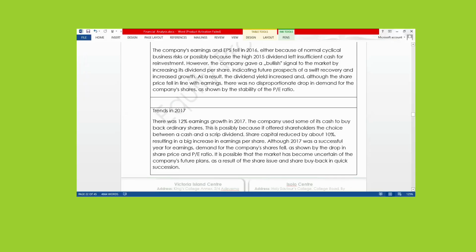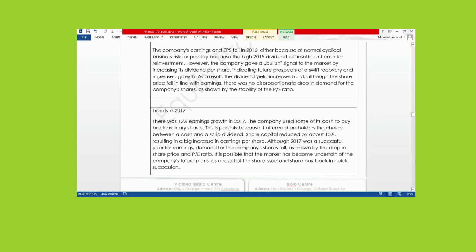Let me explain that. If you check between 2014 and 2015, ordinary shares increased from 2,000 to 2,100. That means the company issued more shares.